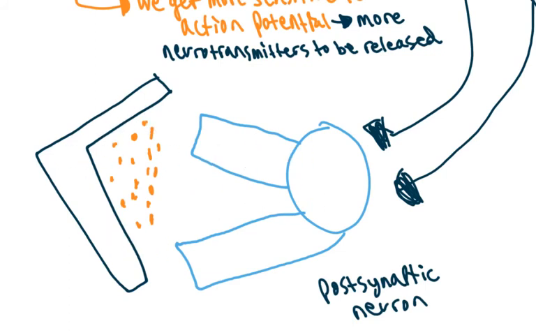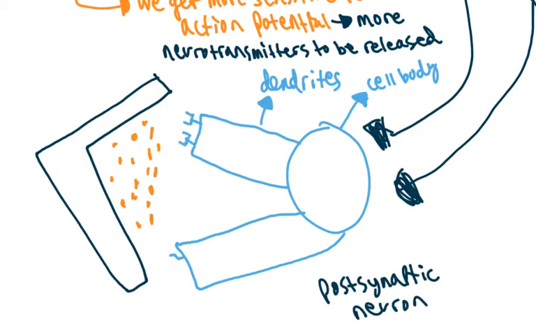The zoomed in version is the dendrites, and this is your cell body. So on the surface of your dendrites, you have receptors, just ready to bind the neurotransmitters, all right? So you have receptors here.